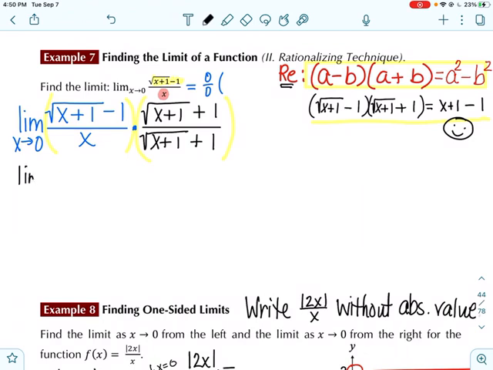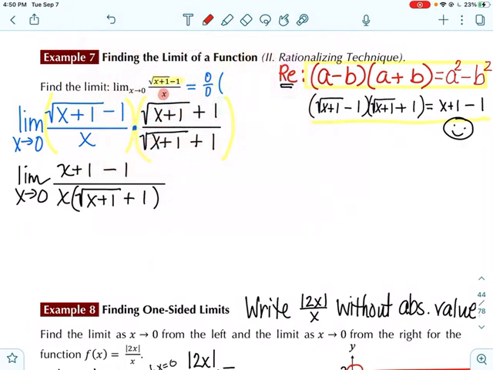So now we have the limit as x approaches 0 of x plus 1 minus 1 in the numerator, and in the denominator, we have x times the quantity square root of x plus 1 plus 1. The thing I used to forget is to multiply the denominator when I was rationalizing.